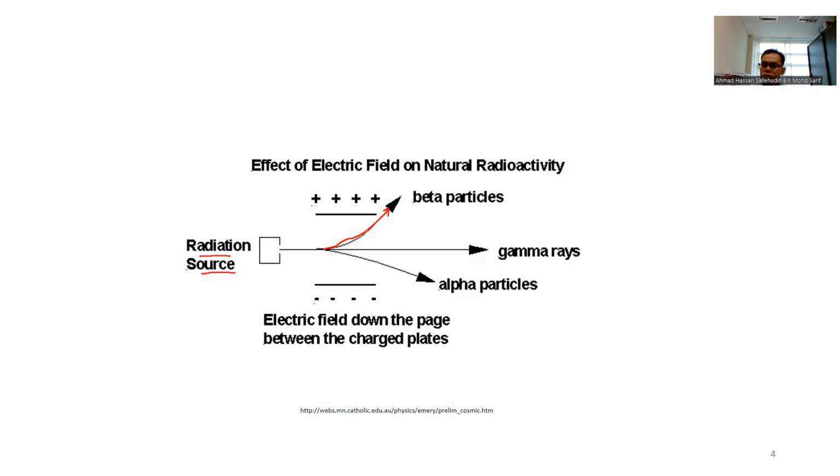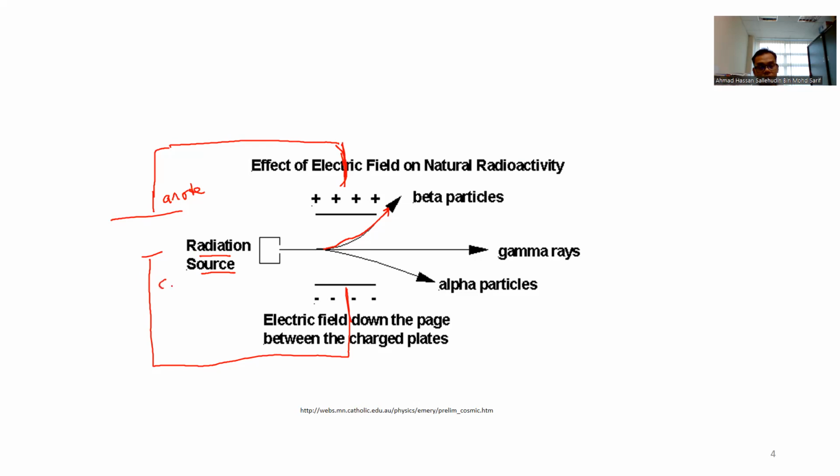To create an electric field, the simplest way is connecting two plates with an electric potential. Let's say the top one is the anode, and the bottom one is the cathode.